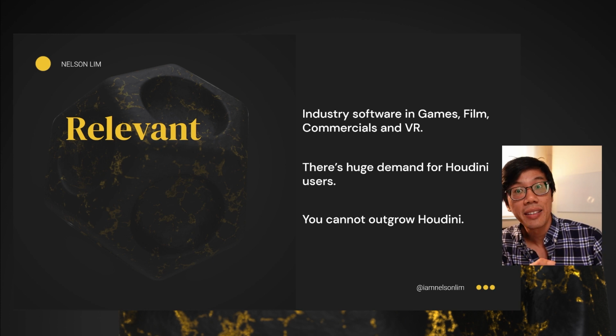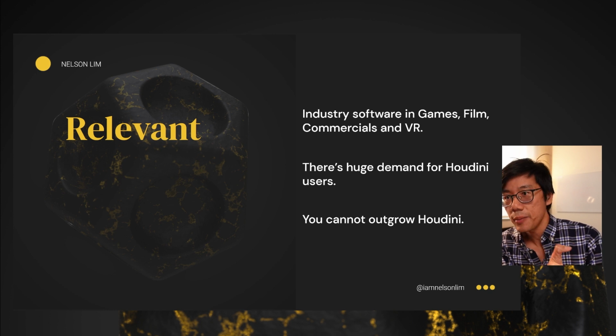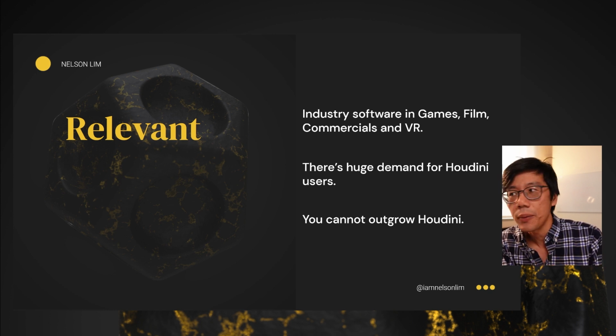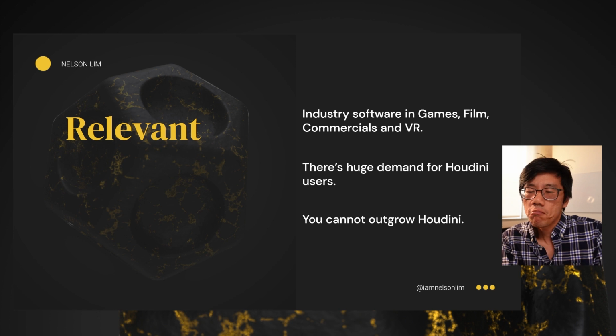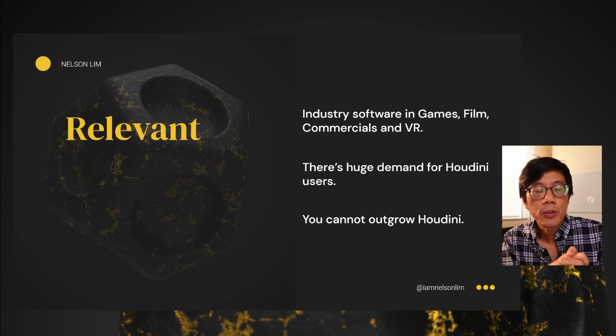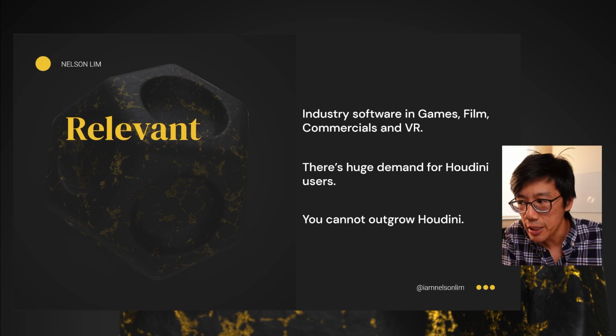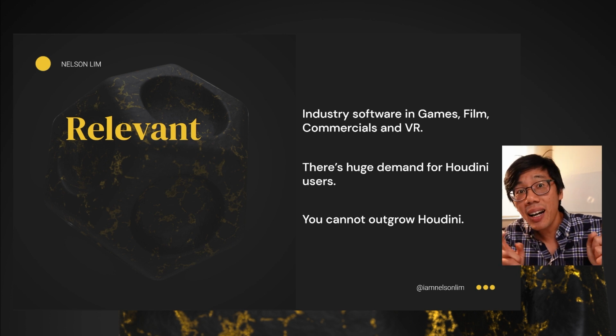Definitely, it's used a lot in visual effects work, but also in crowds, in cloth simulation, and in lighting as well. It's used in motion design work. It's used in so many areas. There's a huge demand for Houdini users, and really, there aren't enough Houdini artists out there or people who know Houdini.